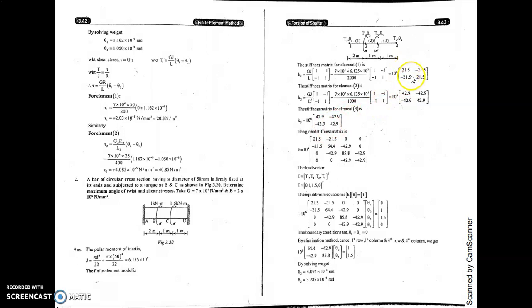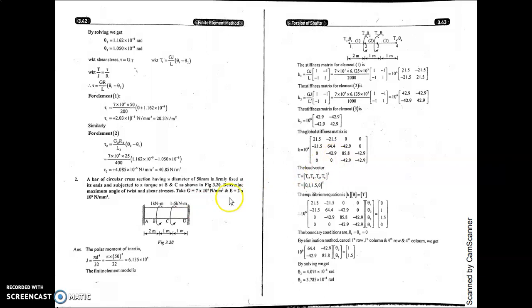The first element has nodes 1, 2. The second element has nodes 2, 3. The third element has nodes 3 and 4. Hence you will get a 4 by 4 stiffness matrix, because of 4 nodes, each with 1 degree of freedom.